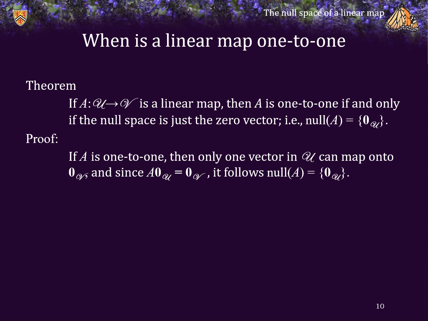Proof: if the linear map is one-to-one, then only one vector in U can map onto the zero vector in the codomain. And since we know already that every linear map maps the zero vector in the domain to the zero vector in the codomain, it consequently follows that the null space of A is just the zero vector.